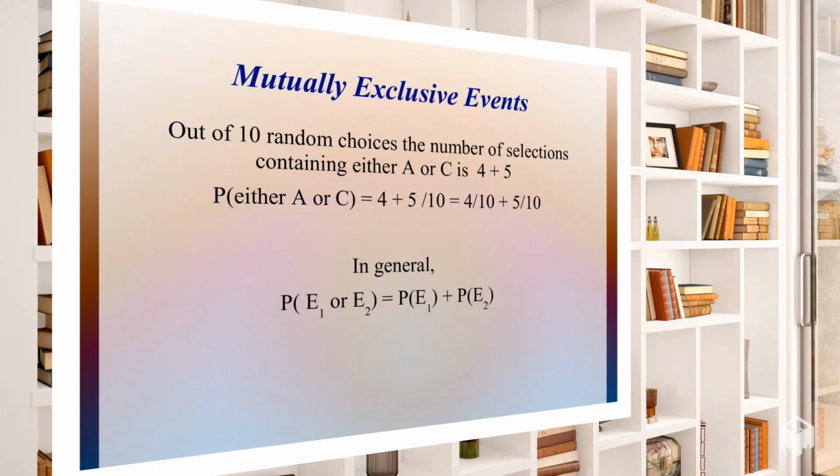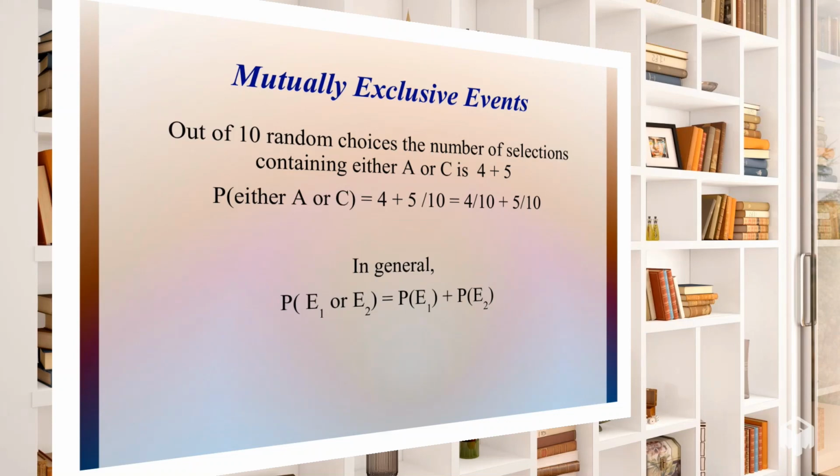Out of the 10 random choices, the number of selections containing either A or C is 9, so the probability of either A or C is equal to 9 out of 10.